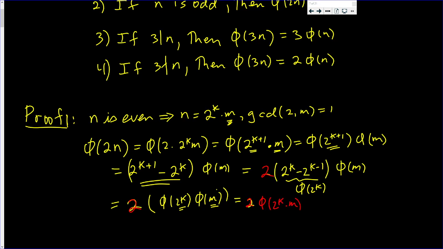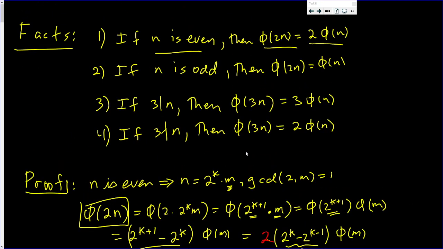But you know what? That's n. Phi of 2 to the k times m is phi of n. So yep, phi of 2n is equal to 2 times phi of n if n is even.